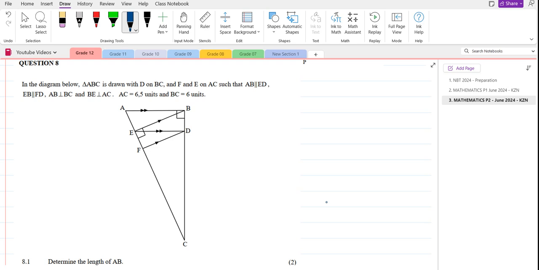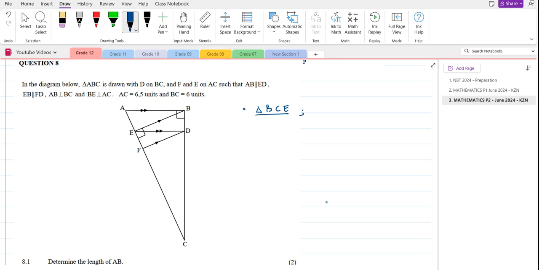So first we have triangle BCE, right? Do we have another triangle here? We said BCE.